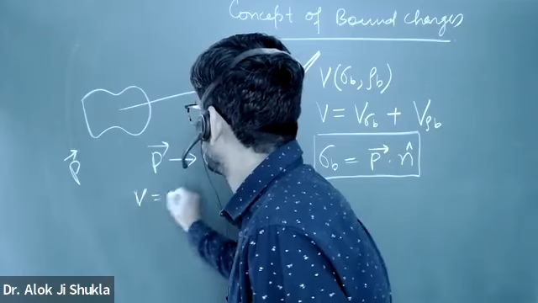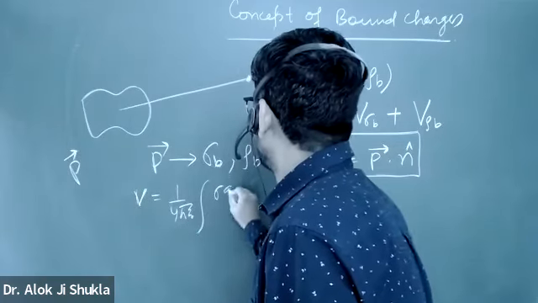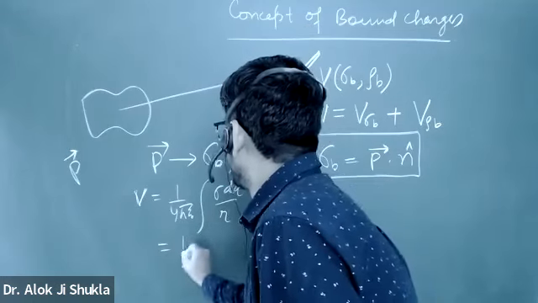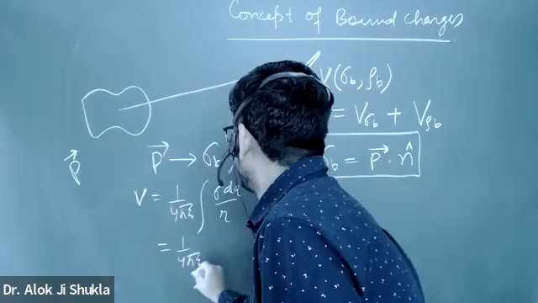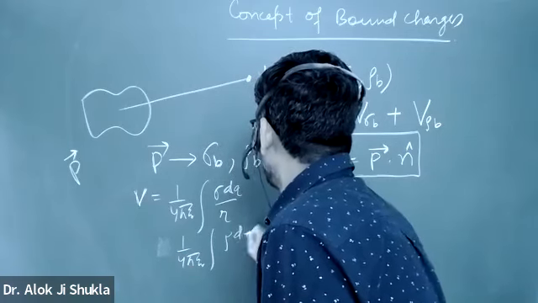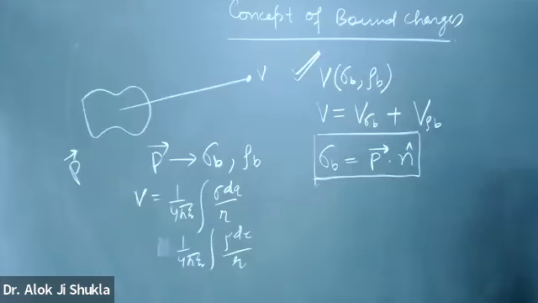Potential is 1 upon 4 pi epsilon naught integral sigma dA by R, or 1 upon 4 pi epsilon naught integral rho d tau by R. If both are present, you will add both of them. Yes or no? It is Q by R, so Q will be written as integral sigma dA or integral rho d tau. Is it okay?